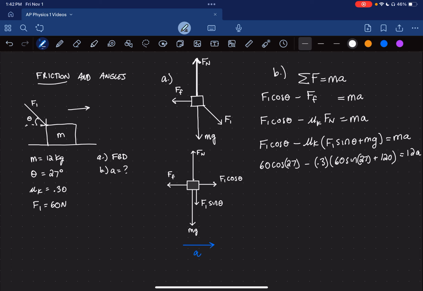And we just type this all in the calculator. 60 cosine 27, minus, point 29 equals 12a. We'll divide by 12. I am getting 0.77 meters per second squared for the acceleration.